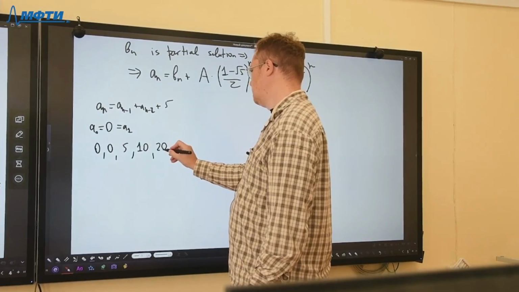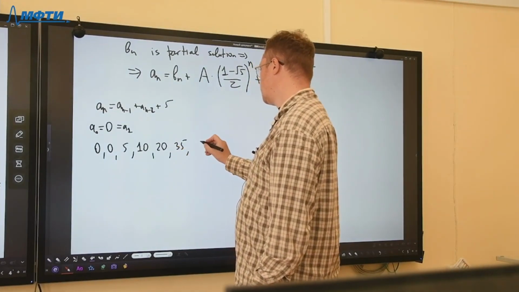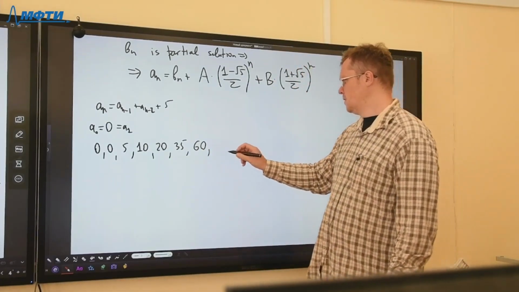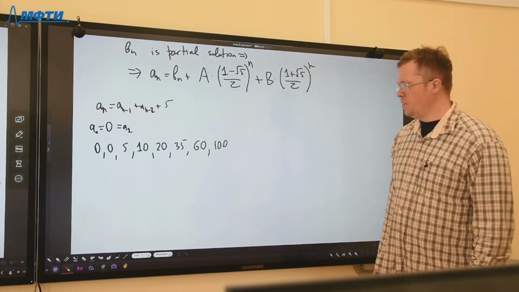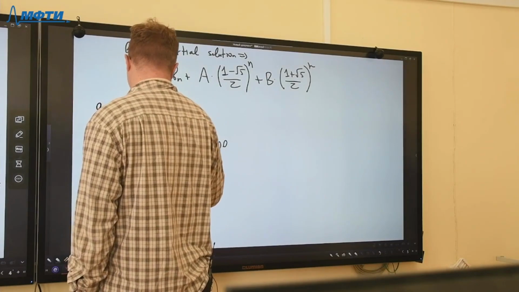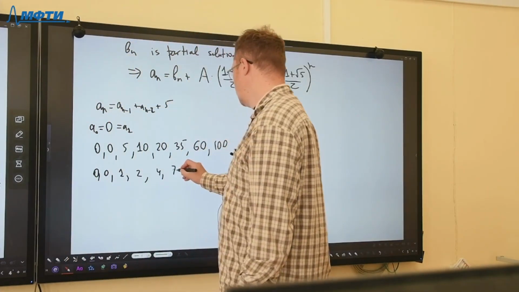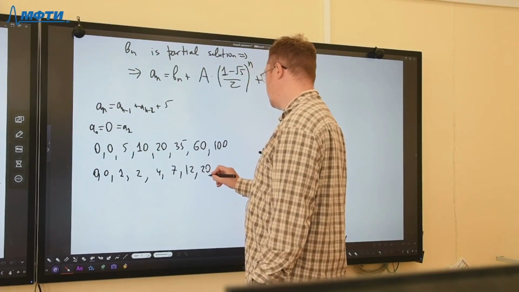20, 35, 60, 100, yes. If you divide it by 5, it will be 0, 0, 1, 2, 4. Maybe you can find some pattern.